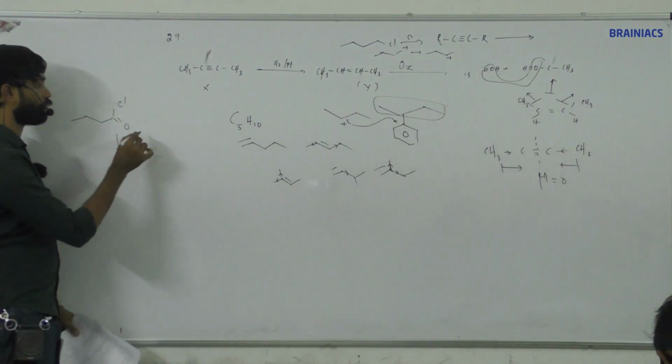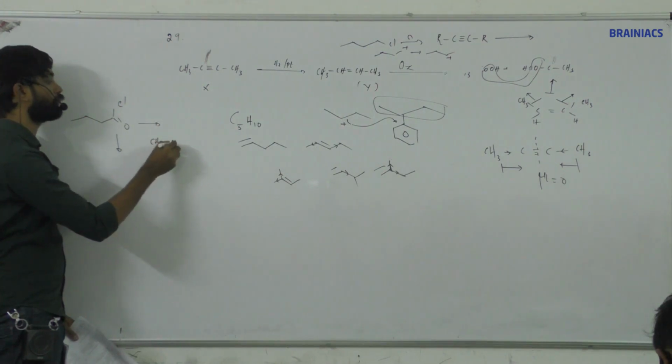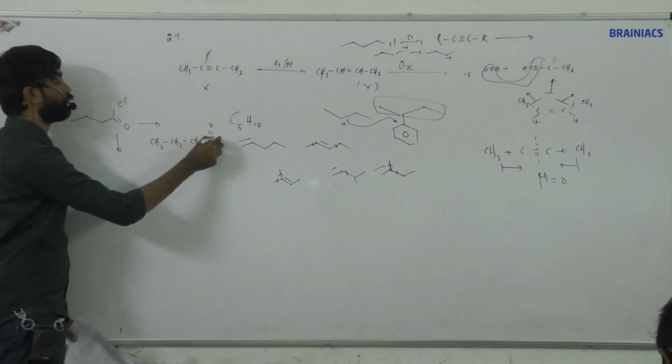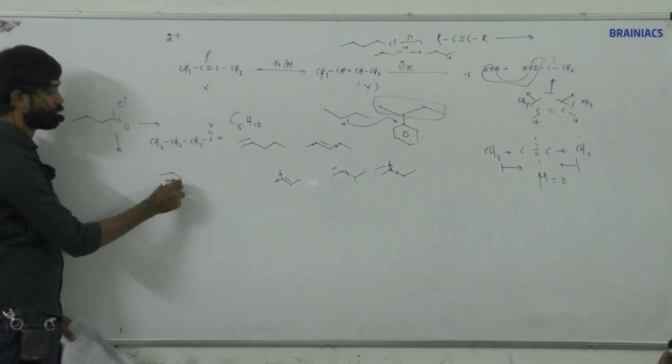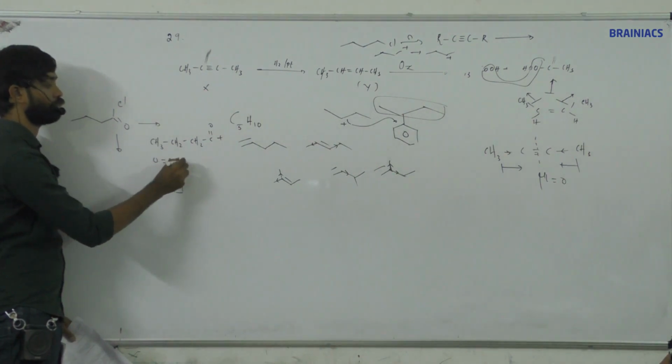So if this undergoes substitution, what happens? Your electrophile will be this one, an acyl group. If this substitutes the benzene, what happens? This will be the product.